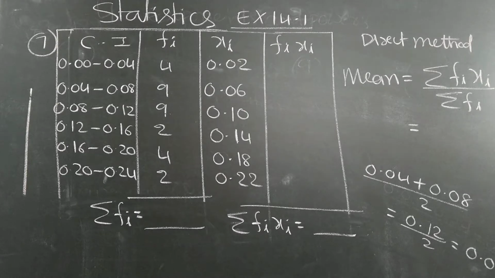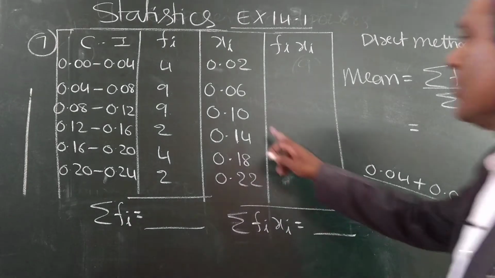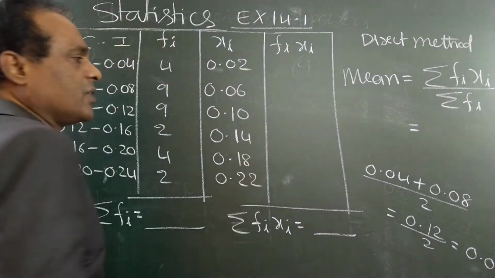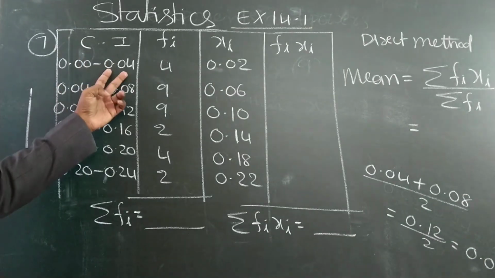Are you following this decimal problem? Are you able to do this mid value? Are you able to fill this column, the mid values, this plus this by 2?